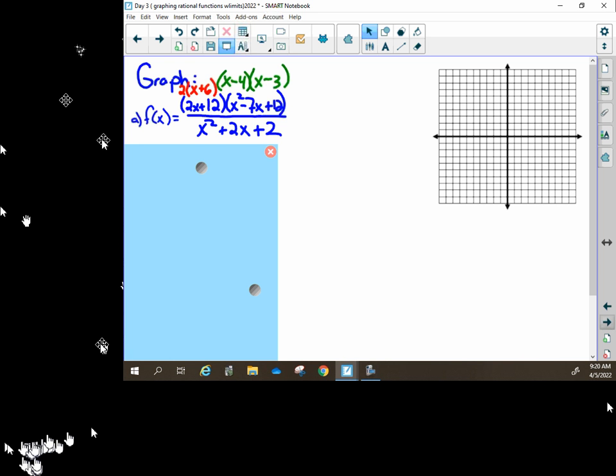It's supposed to be a 24 right here. I'm so sorry. Oh, I see what it is. That's what's supposed to be right there. It's supposed to be a minus 24.